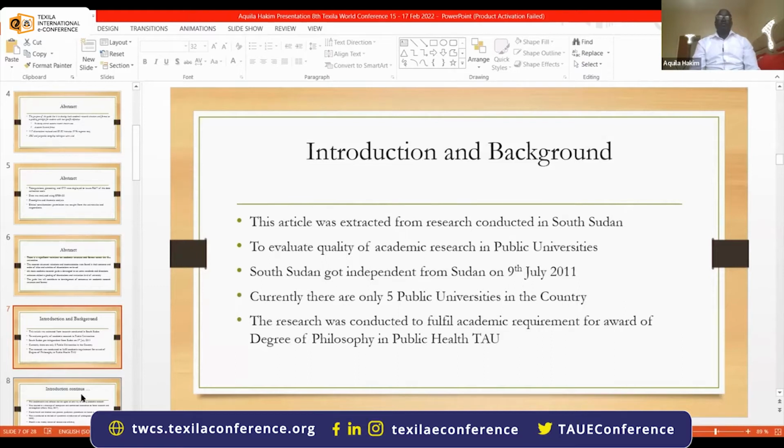For some of us who may not know, South Sudan separated in July 2011 from Sudan. Currently, there are only 5 public universities in the country. The research was conducted to fulfill the academic requirement for the award of the degree of Doctor of Philosophy in Public Health, Texila American University.